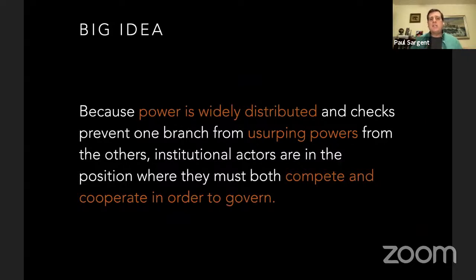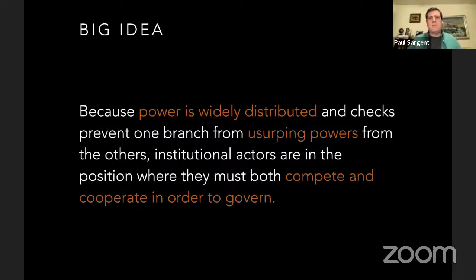Because power is widely distributed between three branches, the legislative branch that makes the laws, the executive branch that implements those laws, and the judicial branch which interprets those laws, and checks prevent one branch from usurping powers from the others, please understand the checks that branches have on other branches, okay? The checks that the legislative branch has on other branches, number one, its ability to make laws. Number two, its power of the purse is really important. And there are others.